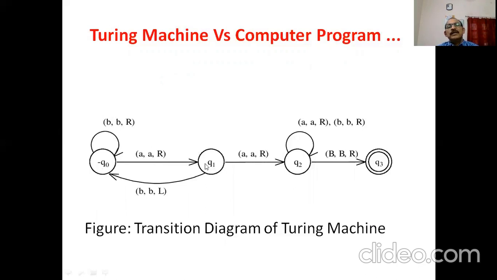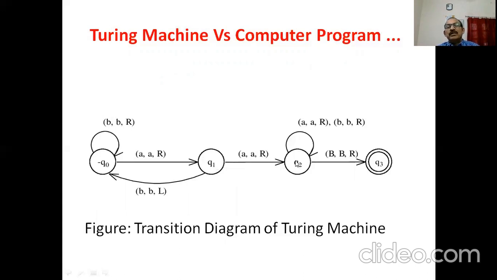Now, next symbol on our tape is A, and machine is at state Q1. What will we do? Machine goes to the state Q2. If it reads A, it goes to the state Q2, replaces this A by A and moves in the right direction.